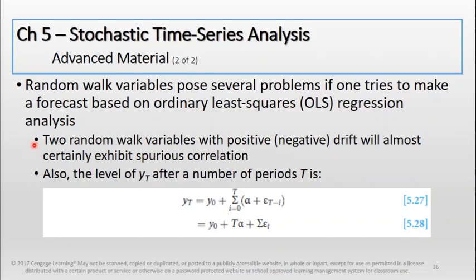Because each series is trending upward if positive and downward if negative, and not reverting to its mean, an OLS estimation on two variables generated by the process in equation 5.26 will indicate a significant positive relationship between the variables when no causal link between the two exists.